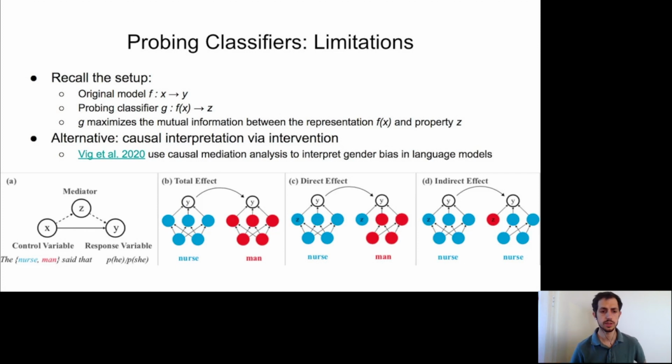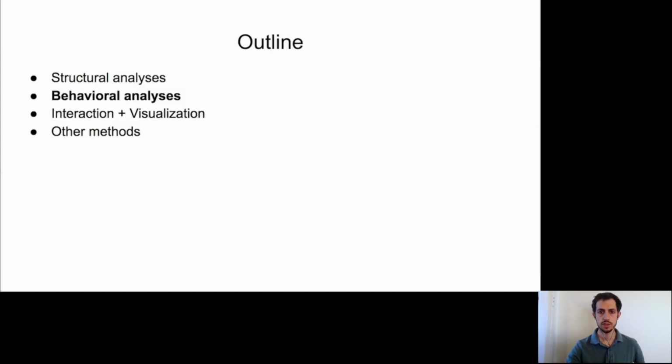I won't go into more details, but you're welcome to check the paper if you're interested. The idea here is, again, to define some kind of interventions, measure the causal effects of those interventions, and look at internal components in the model. So this ends the probing classifier approach to structural analyses.